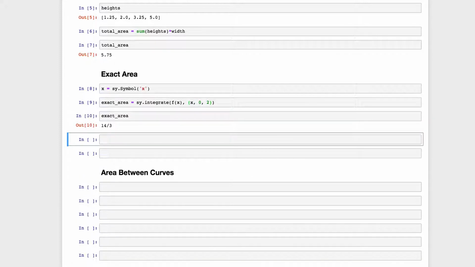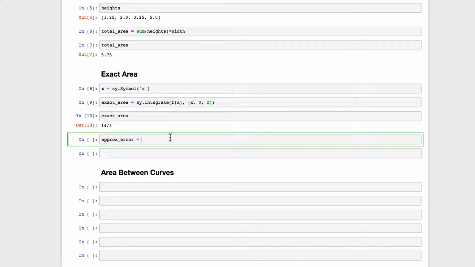So let's see how our approximation error is, because before we had found with 4 rectangles the total area was 5 3/4.